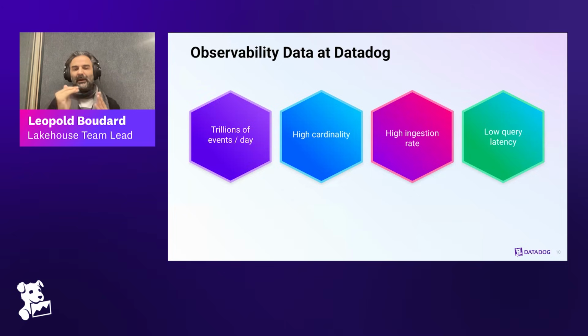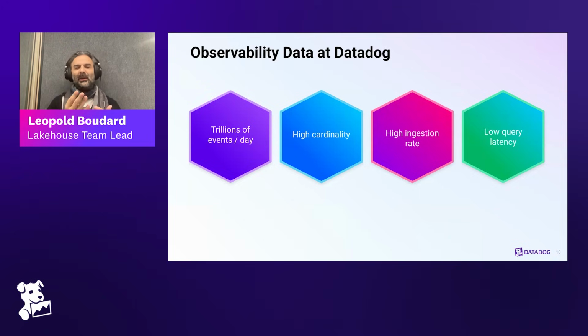So there's a variety of different use cases and constraints, but mostly for observability data such as metrics or logs, you have a really high volume of events that are streamed. So it's a really high ingestion rate, and you want a really fast response time between the time the data is processed and the time when you can query it.